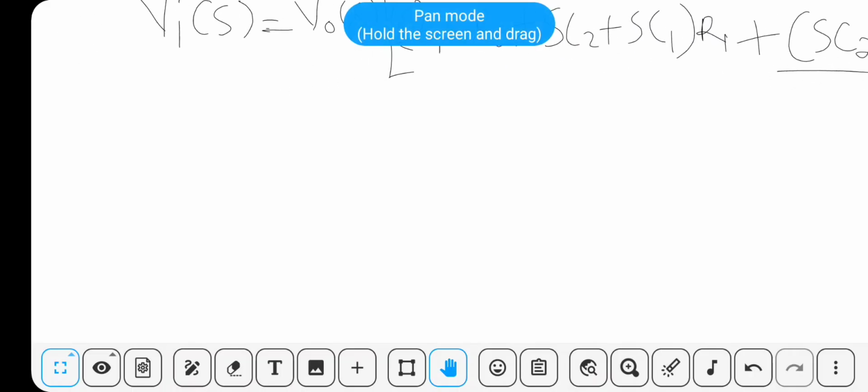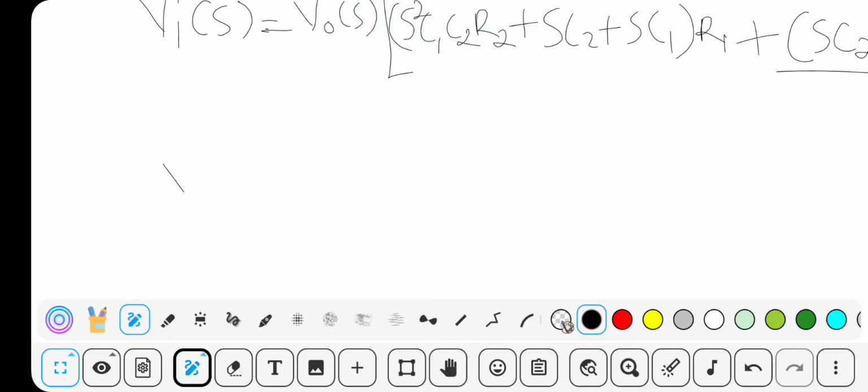So this will be dividing both sides by V naught, the output voltage.